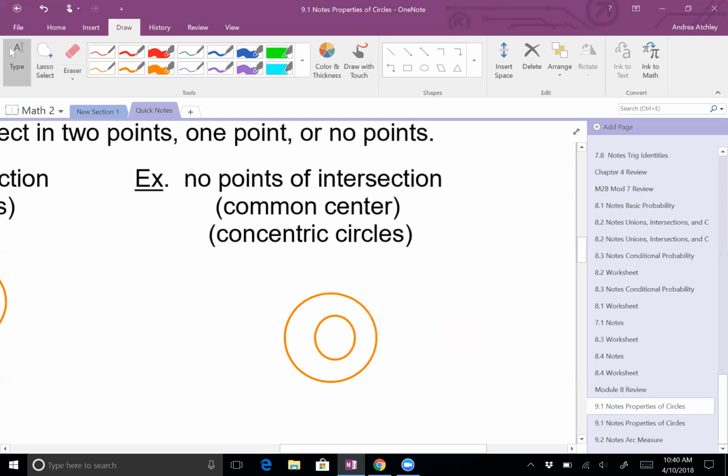That means one inside the other, and they share a common center. Any questions over that?